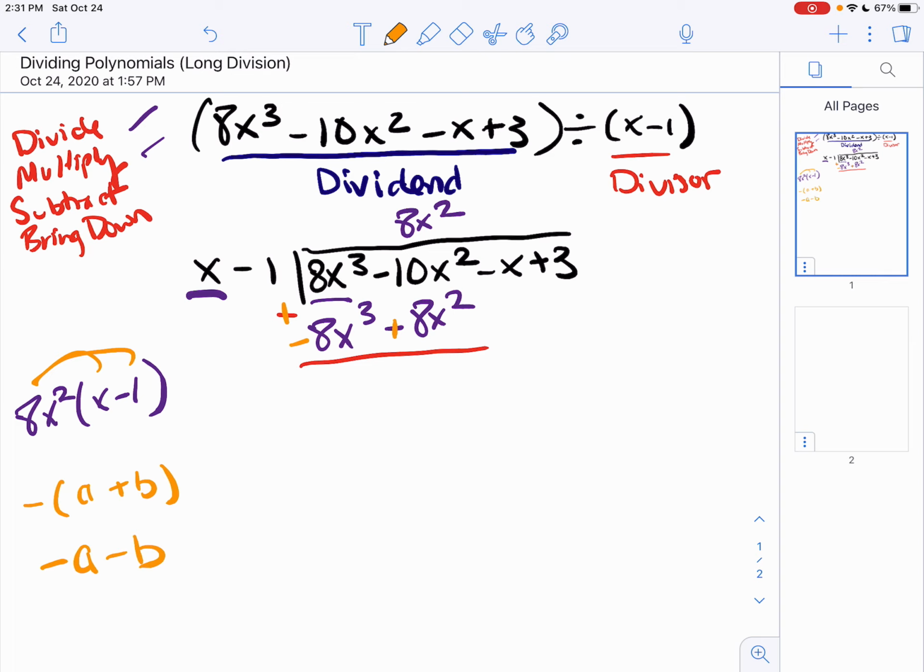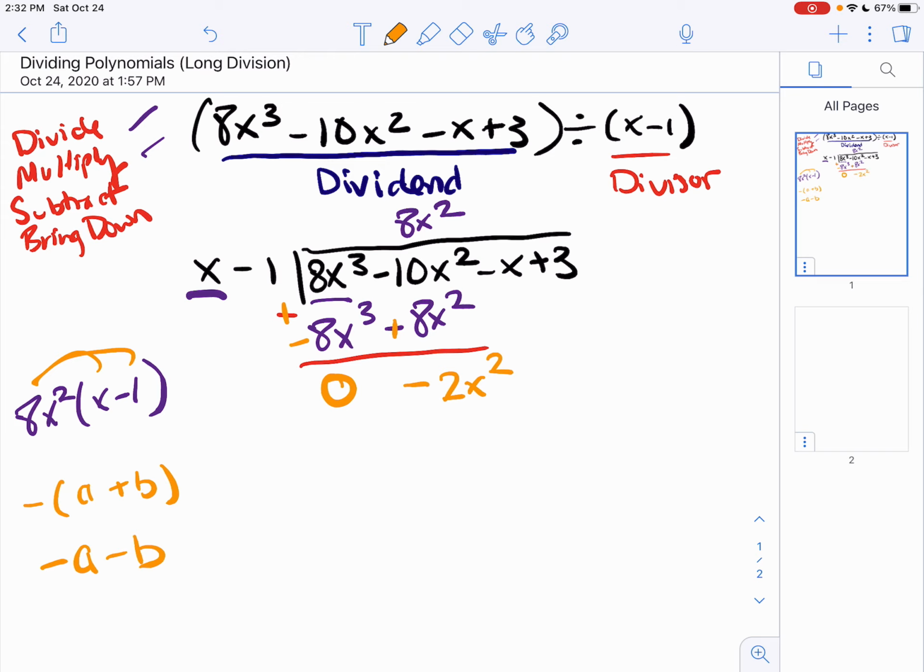So it's going to be 8x to the third plus negative 8x to the third. It is 0. Now I have negative 10x squared plus 8x squared, so I'm going to get negative 2x squared.